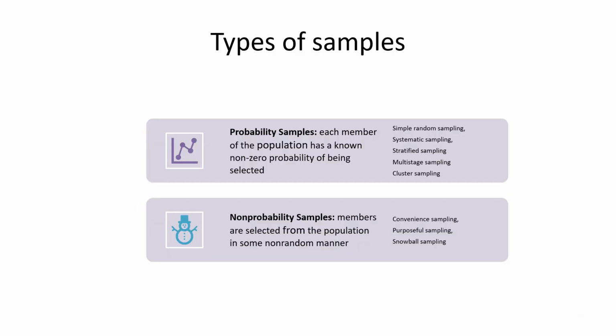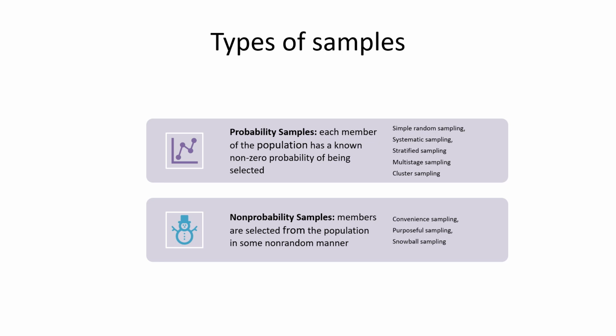There are different types of samples. There's probability samples where each member of the population has a non-zero probability of being selected. These include simple random sampling, systematic sampling, stratified sampling, or cluster sampling.